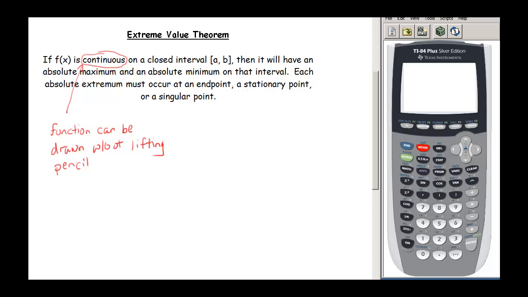But we have this other condition here. It says on a closed interval [a, b]. Okay, so the one that we just were looking at, we were looking at this interval -11 to 15. This is an example of a closed interval. If I took one of those endpoints out, so I don't include -11, then this is not a closed interval.